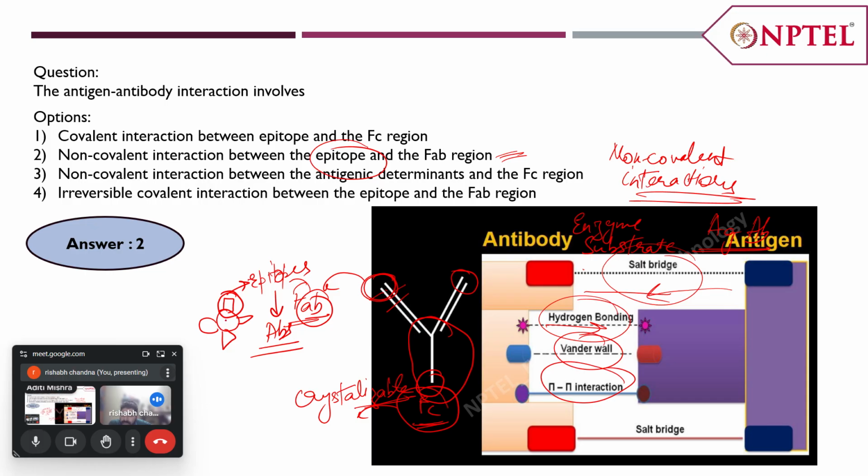So an antigen would have different epitopes, and an antibody will be able to bind only to one epitope of that particular antigen.